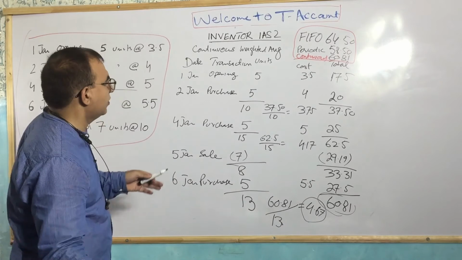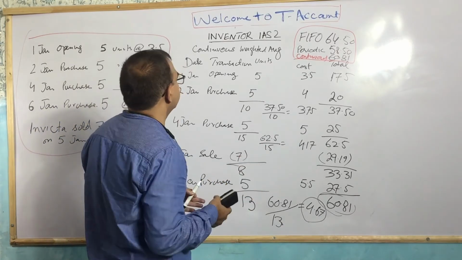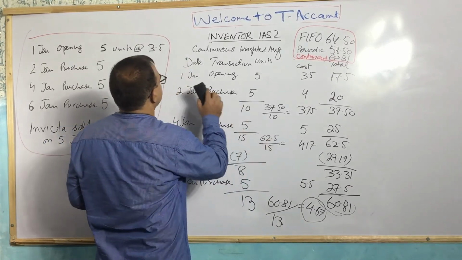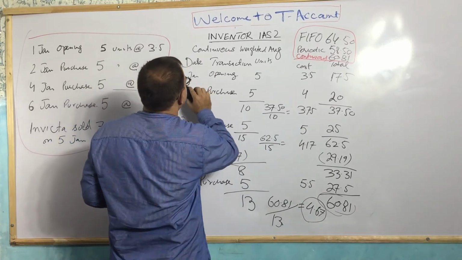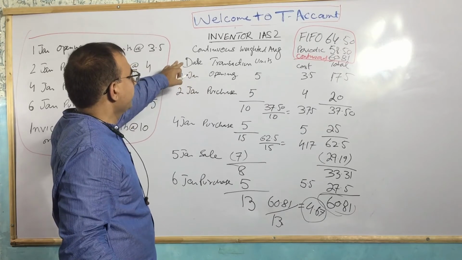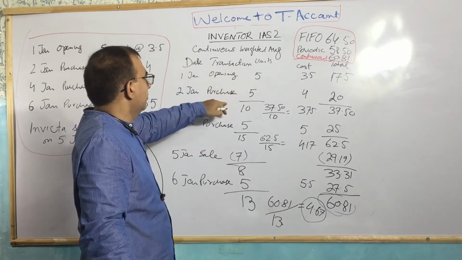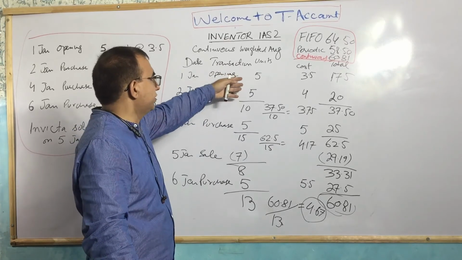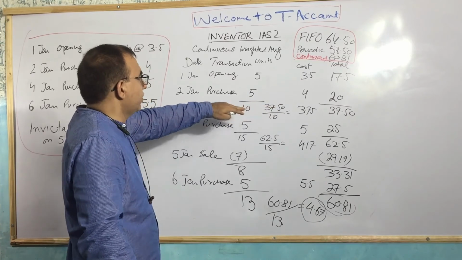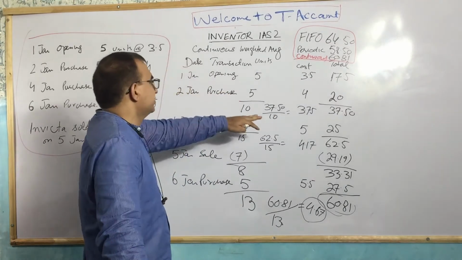Now, quickly, although I'm not that much concerned with the second part, this was the main objective for all this, quickly we will go through the second part as well, because that's not difficult. This continuous average. After each transaction, purchase on 2nd January, we added the units, we added the total value, divided the total value by total units, and we get the updated rate on 2nd January.